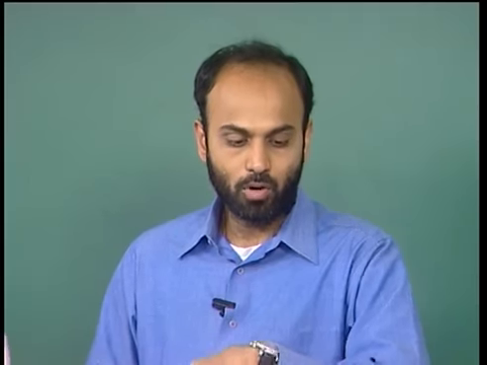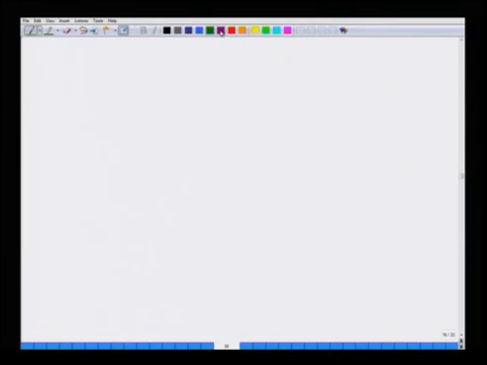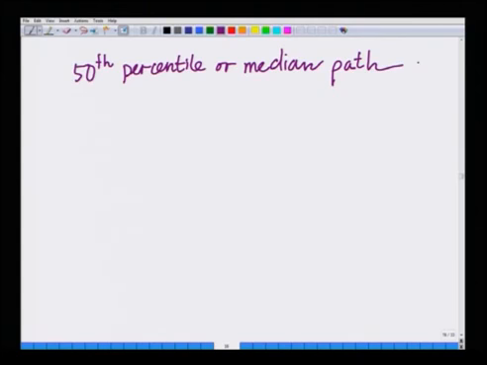Okay. So, what is the Okumura model? If you look at the model, it predicts the 50th percentile loss, or the median path loss.